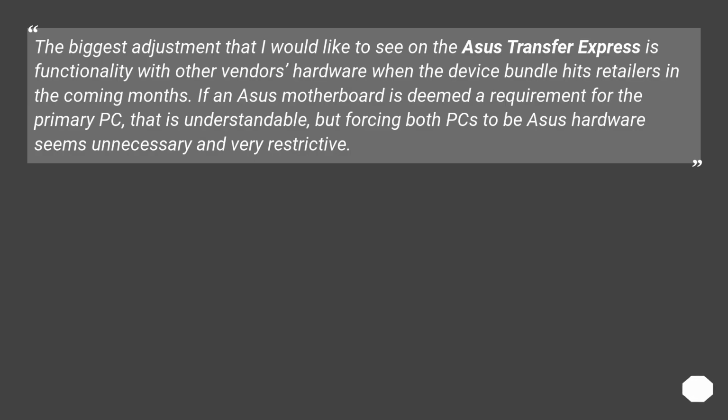The biggest adjustment that I would like to see on the Asus Transfer Express is functionality with other vendors' hardware when the device bundle hits retailers in the coming months. If an Asus motherboard is deemed a requirement for the primary PC, that is understandable, but forcing both pieces to be Asus hardware seems unnecessary and very restrictive.